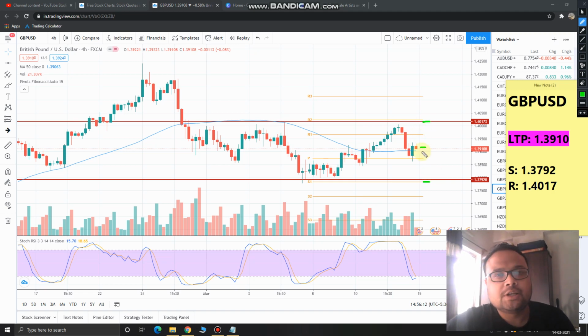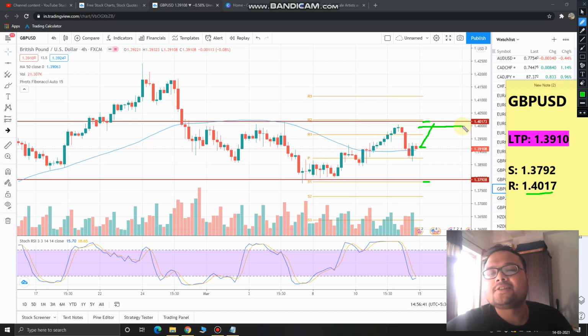So what should be a strategy then? The strategy is simple: wait for the market either to go up or go down. In case market goes up and hits this particular range, 1.4017 to 1.4000, just observe how the price is doing.